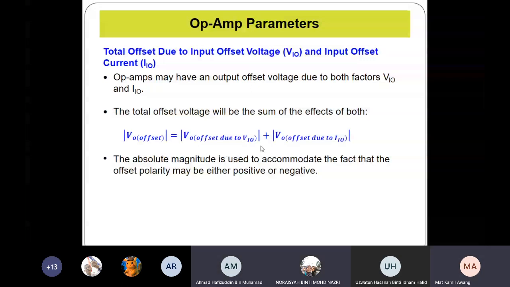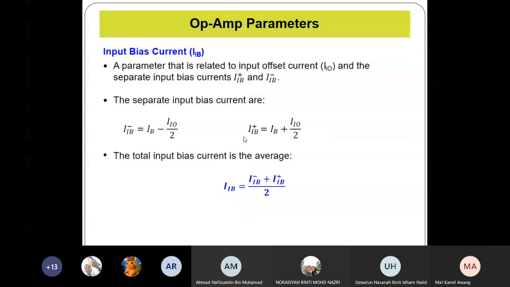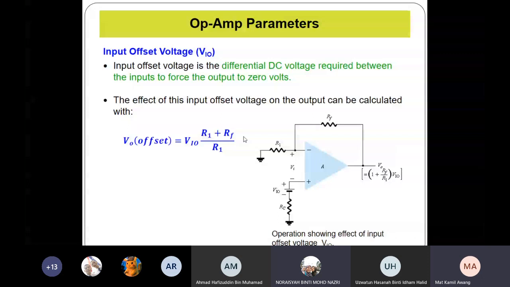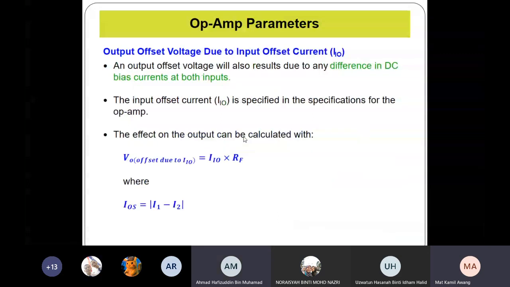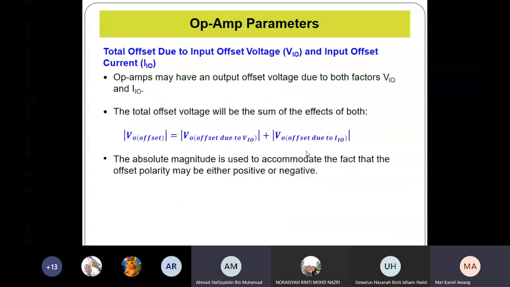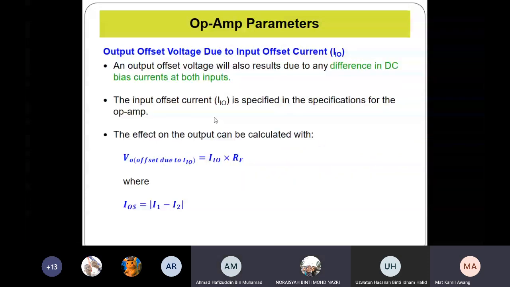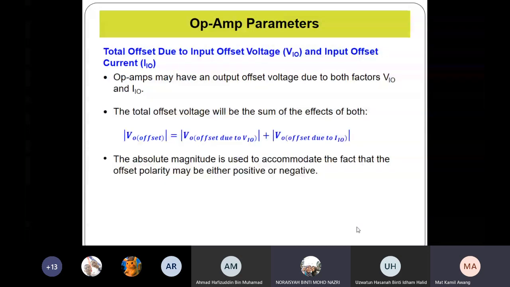From V out equals this one, and this one you get from this one. So this is the third one. Alright, this is the fourth one.